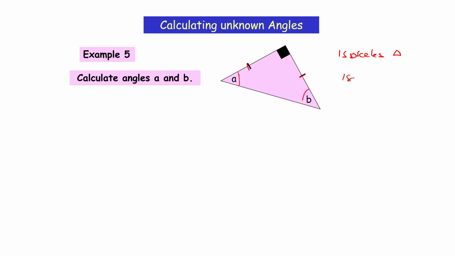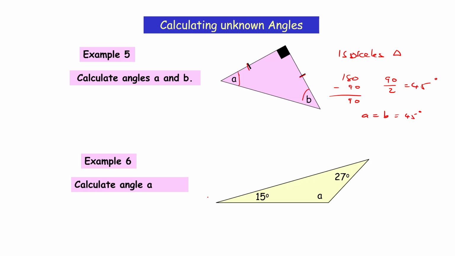So we can do 180, take away 90, which is 90, and then we have to halve 90 because A and B are the same. So 90 divided by 2 is 45. So A is equal to B, because it's isosceles, which is equal to 45. So they're both equal to 45 degrees.